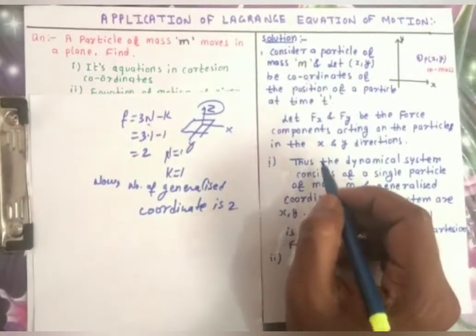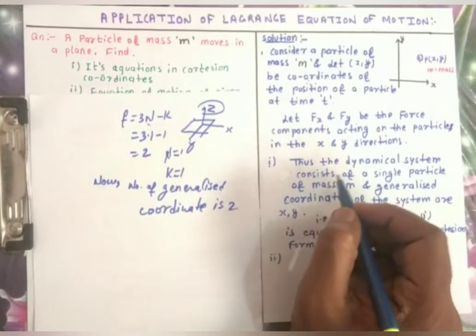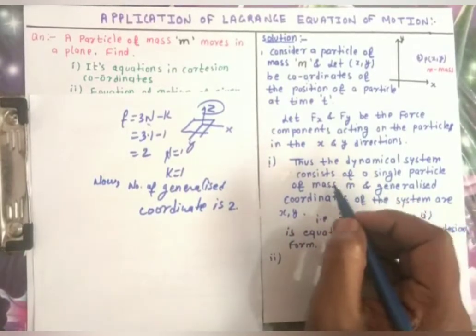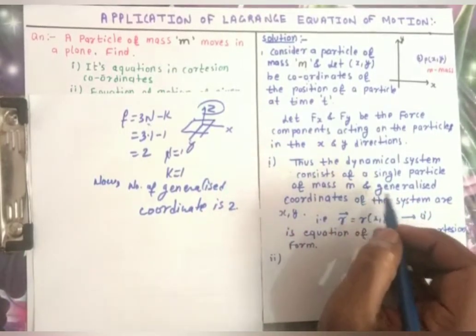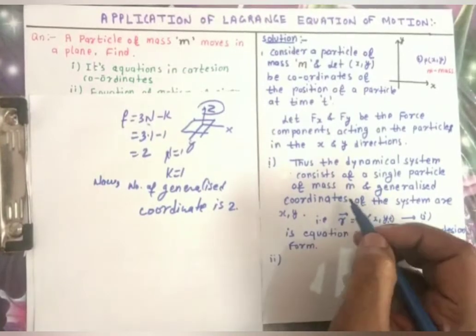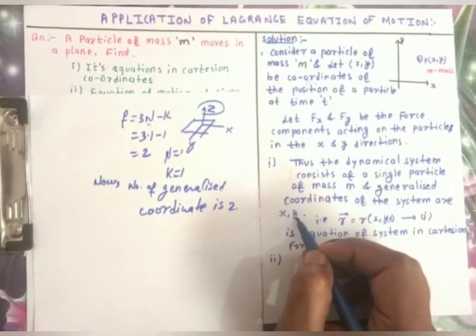So here we mention, thus the dynamical system consists of a single particle of mass m, and the generalized coordinates of the system are x and y.